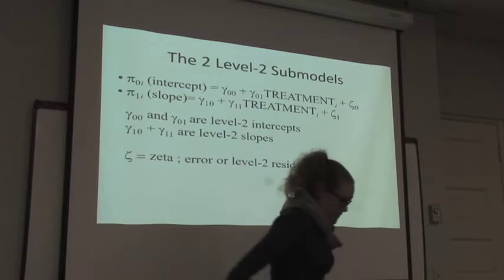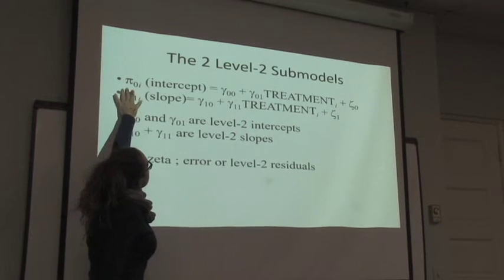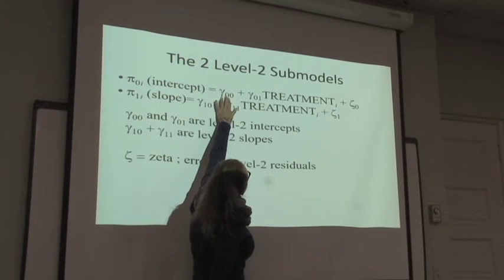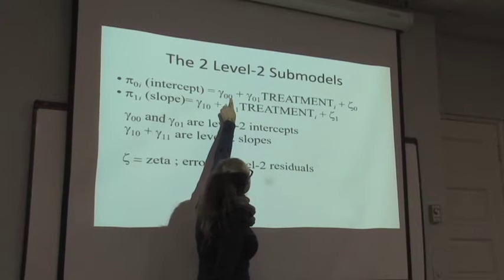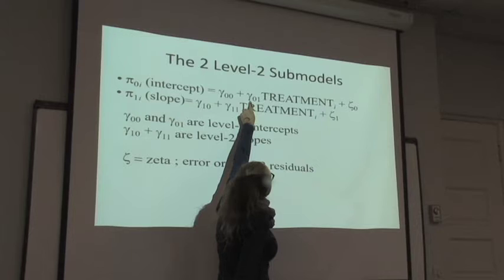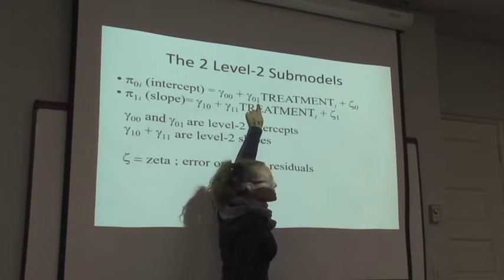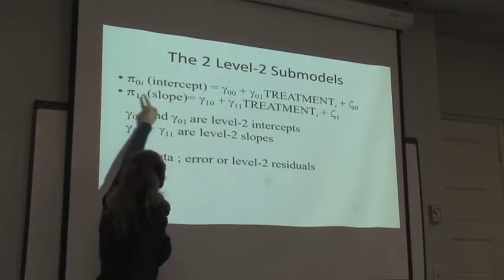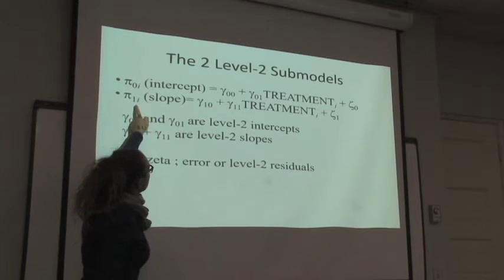So this is what our level 2 submodels look like. So we've got the level 1 intercept: the intercept for non-program participants, plus the increment in the intercept for treatment participants, plus the error in intercepts. The second part of the level 2 model is the model for the slope.